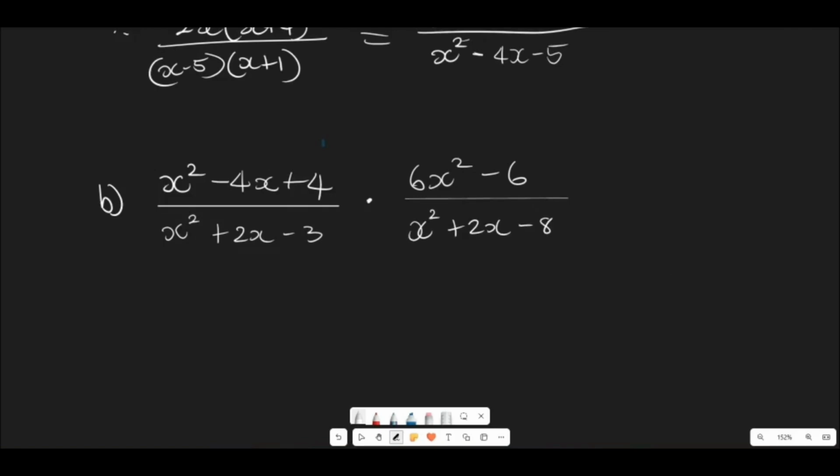So please don't be tempted by just multiplying this expression as it is, right? Try to first simplify it, as I told you previously.